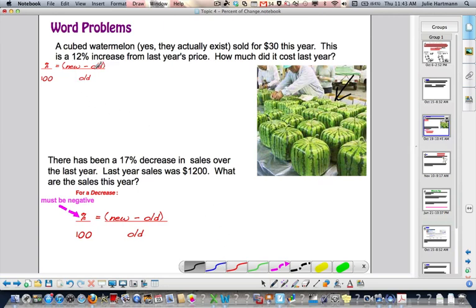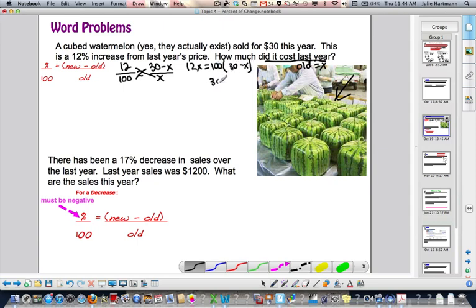Let's do this way first. 12% increase, so that's percent of change. Now, last year, that would be the old, so that equals our x. So when we do new minus old, that's 30 minus x over our old, which is x. Cross multiply, 12x equals 100 times 30 minus x.